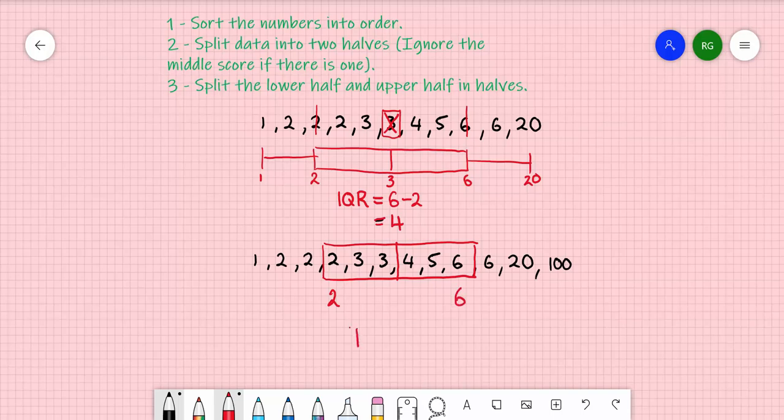So the interquartile range is exactly the same as before, 4 again. That's because even though we added a really high score onto this set of data, it didn't actually change our middle 50%.